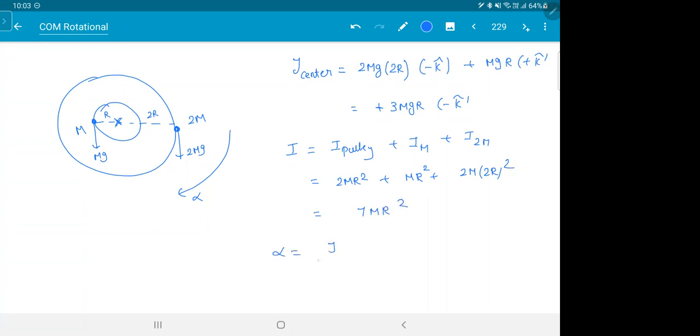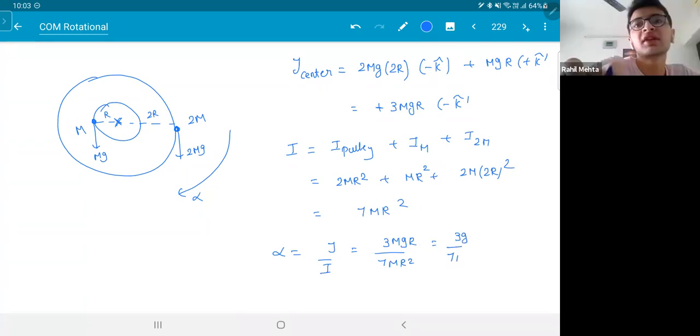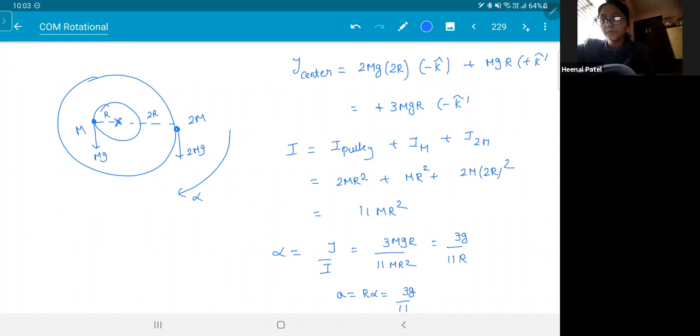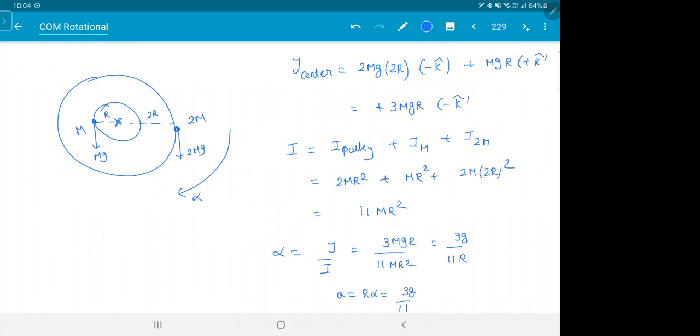The alpha would be torque by I, so it'll be 11 MR squared in the denominator. Clear?